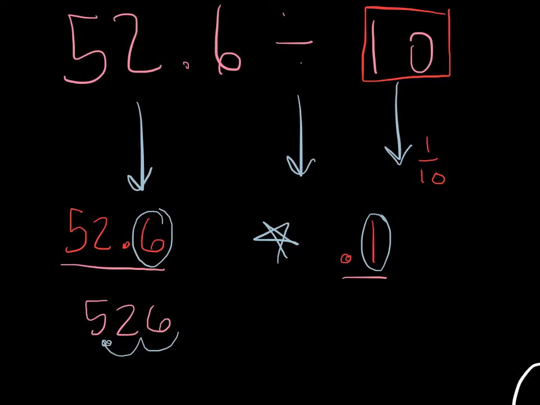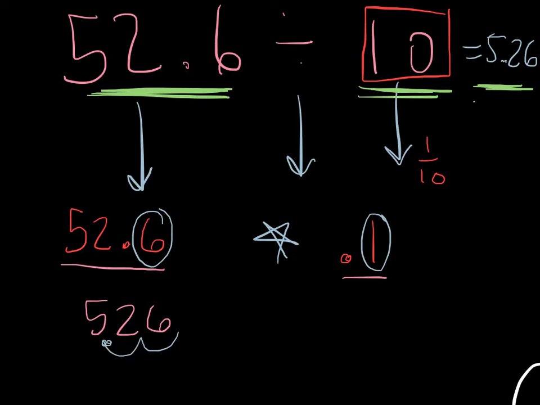So 52 and 6/10 divided by 10 is 5 and 26/100, which I really hope makes sense. If I think about this as being like $52.60, if 10 people share it, they're all going to have less than what they started out with, because again, this much money, this many people, this is how much each person gets.